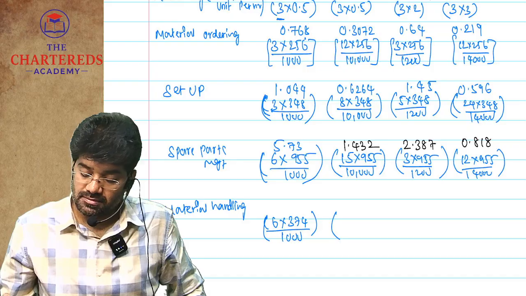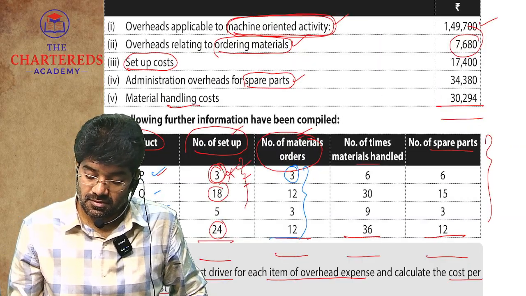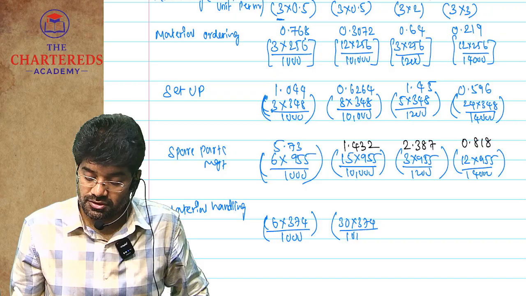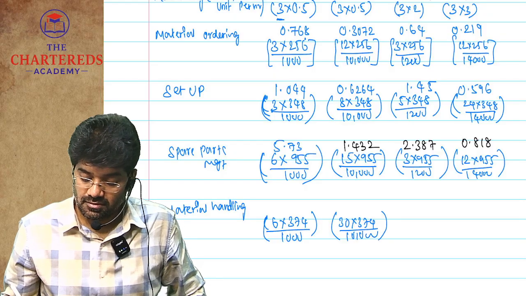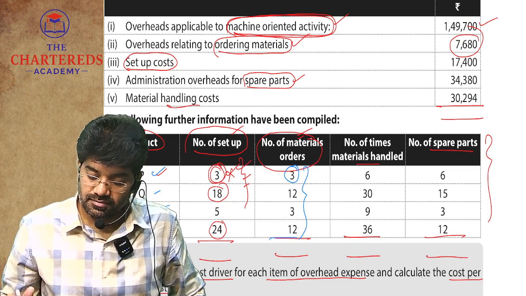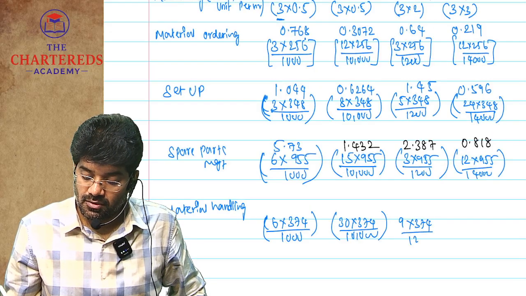Next one is 30 into 374, that is for 10,000. 9 into 374 divided by 1200.